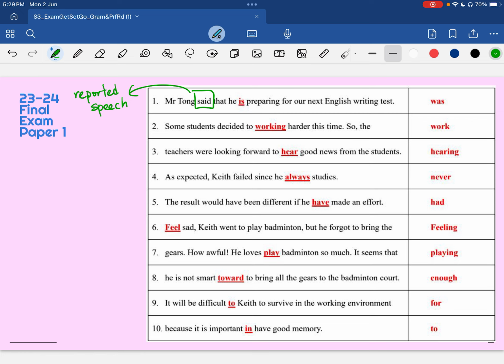And then for number 2, decided to. This one is about gerunds and to infinitive. And then look forward to, this one is very important, also about gerunds and to infinitive. And then this one is about meaning. Next one, if. What is that?